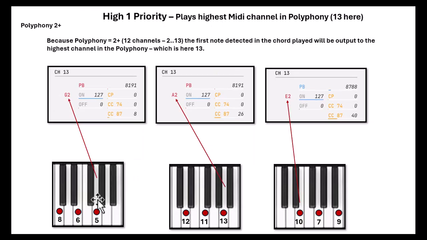High 1 priority is only going to play the highest channel in your polyphony, in this case, channel 13 if I have a 2+ polyphony preset, and it will ignore playing chords. It'll see whatever the first note you played in your chord is, and it'll output that on the highest channel, in this case, channel 13.